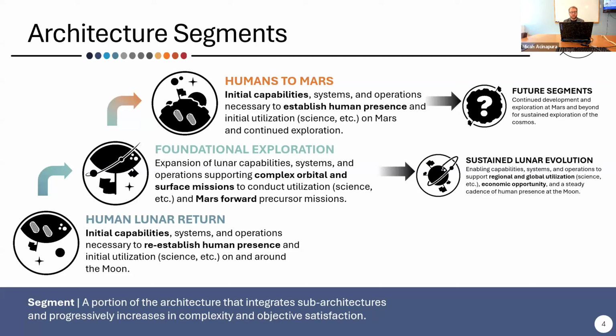After that, we're going to be leading towards the next stage, which is called foundational exploration, which is really working towards expanding these lunar capabilities, working towards long-term infrastructure on the surface of the moon, additionally building more orbiting infrastructure around the moon, doing surface missions, doing a lot of interesting science utilization, as well as preparing for going to Mars.